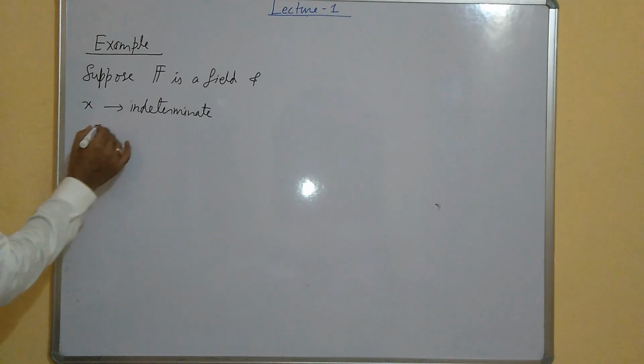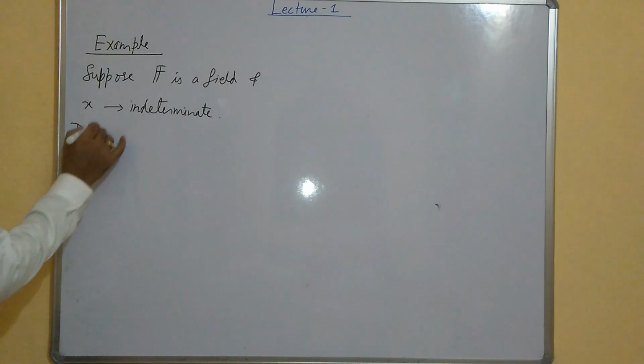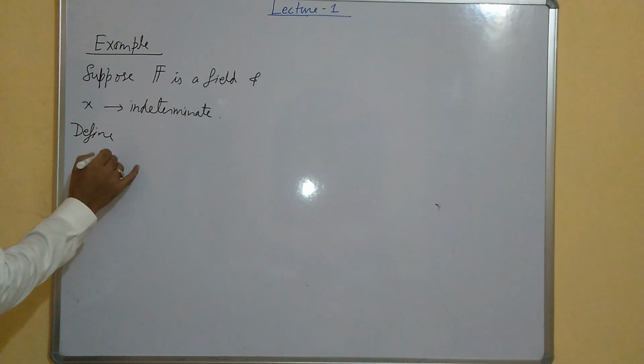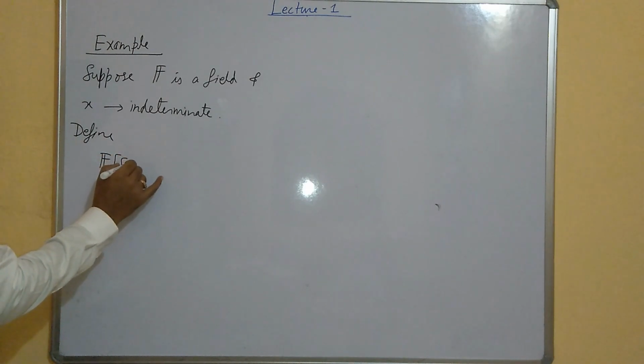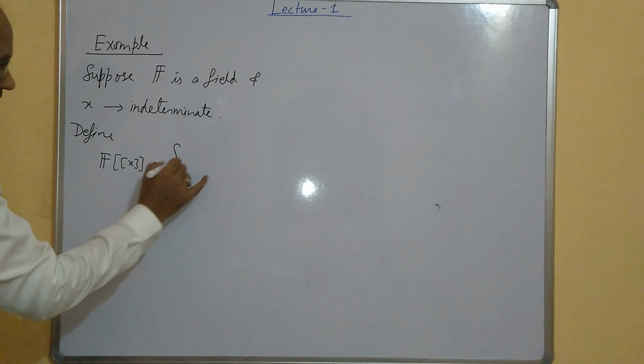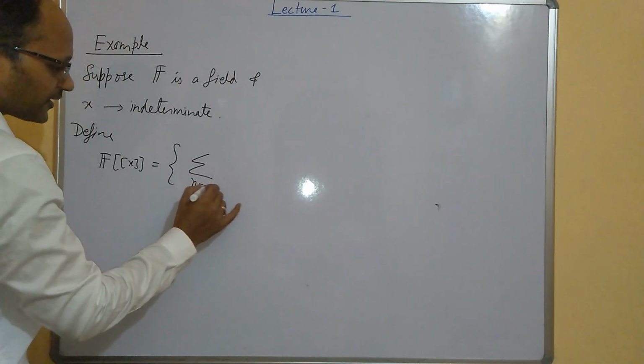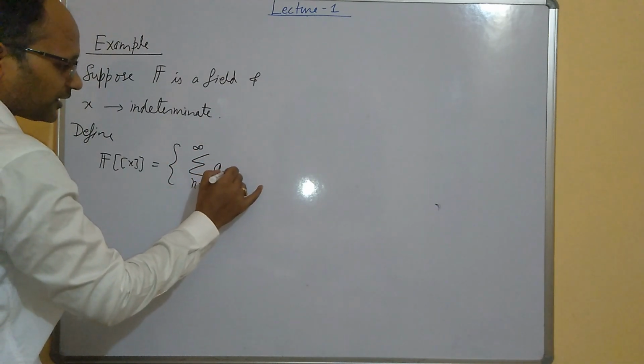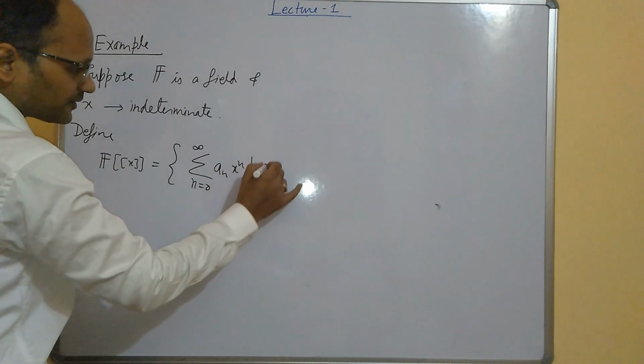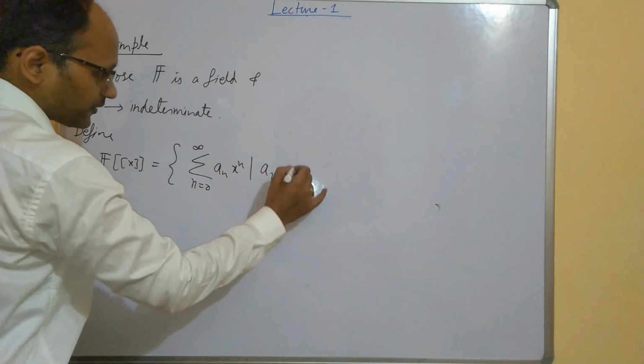Now define a set F[[x]] to be the set of all power series, the sum of a_n x to the power n, n varying from 0 to infinity, such that a_n belongs to F.